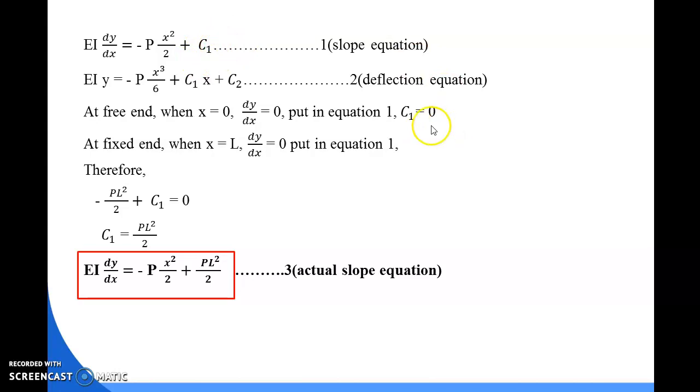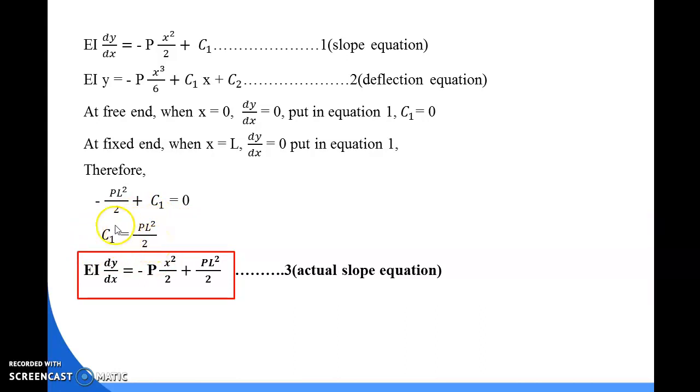Similarly, at the fixed end, when x equals L, dy by dx is equal to 0. Putting this condition in equation 1, we get the value of C1 as PL square by 2. So we got our first constant, PL square by 2.